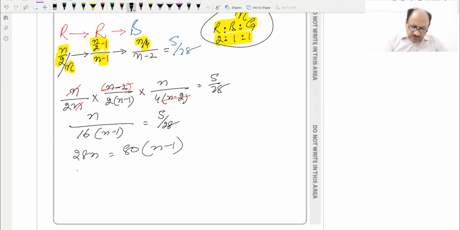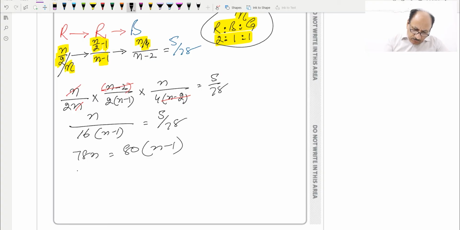It's not 28, it's basically 78. This one is 78, this one also 78, and this will be 78.